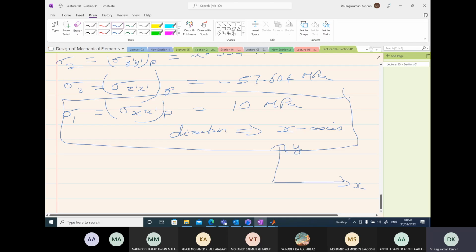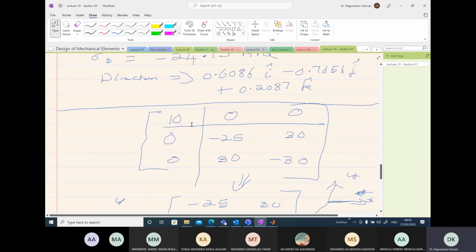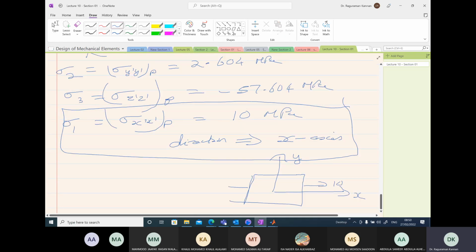And then you will draw a square element and then show the original values. But once you have the principal stress values, now this is the original guy.